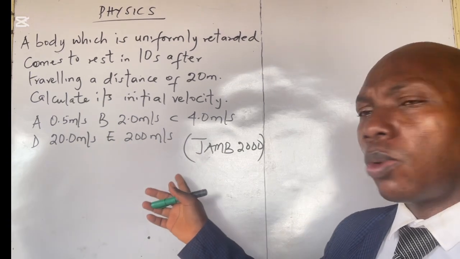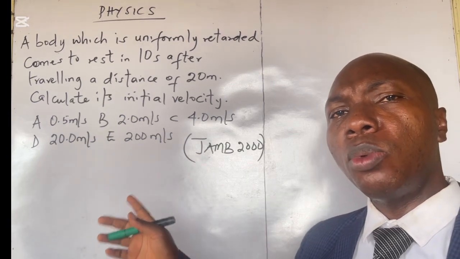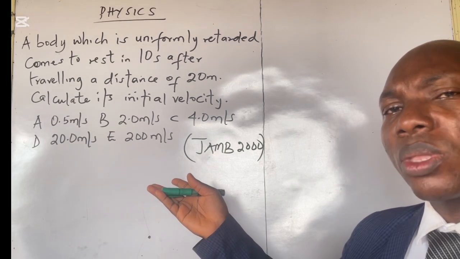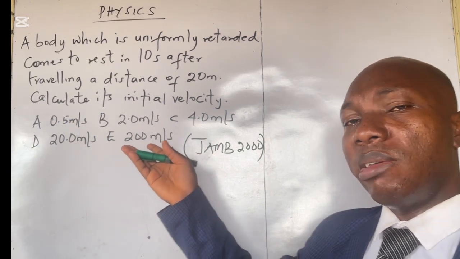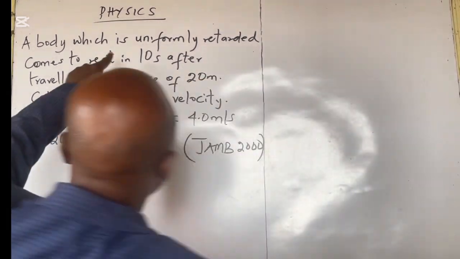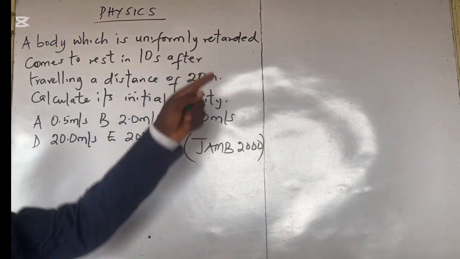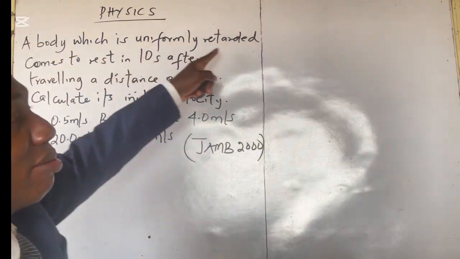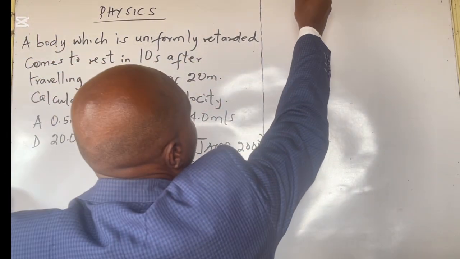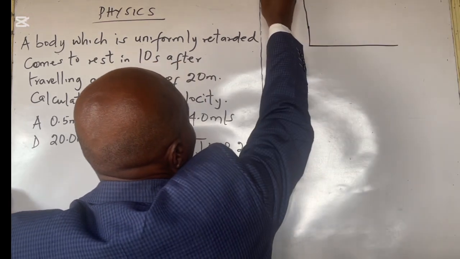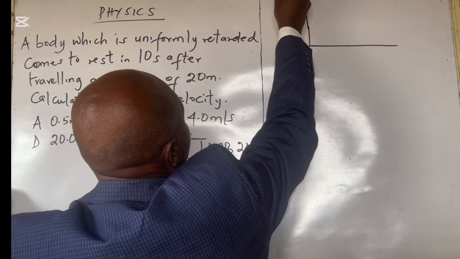For us to solve this problem very well, we must be able to draw the graph of the question on the board. Let's go ahead. A body which is uniformly retarded, that means the body is not starting from rest, it's retarding. So because it's retarding, this is the velocity time graph. This part is our velocity in meters per second.